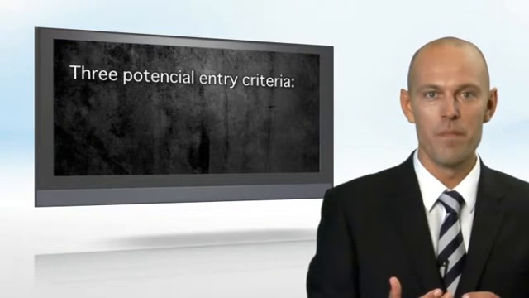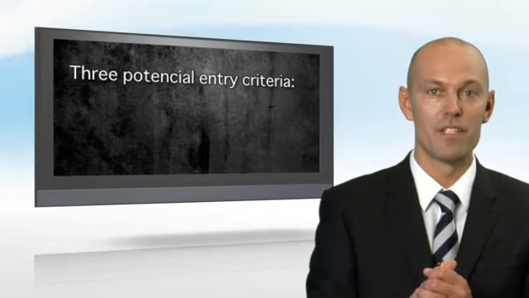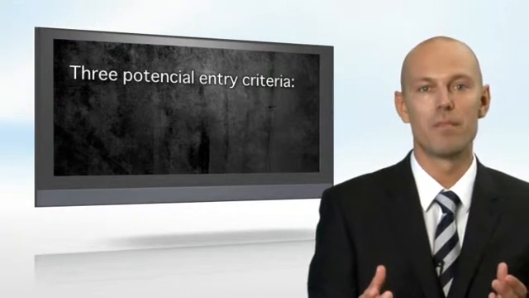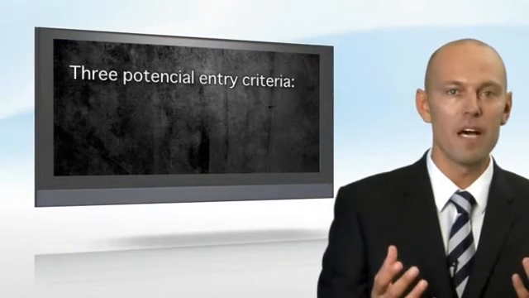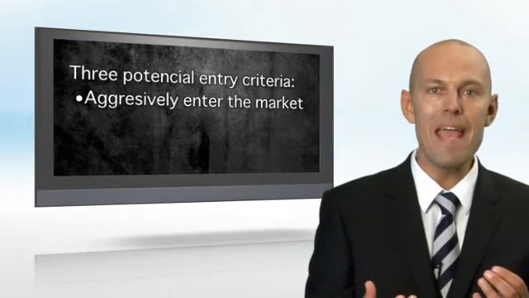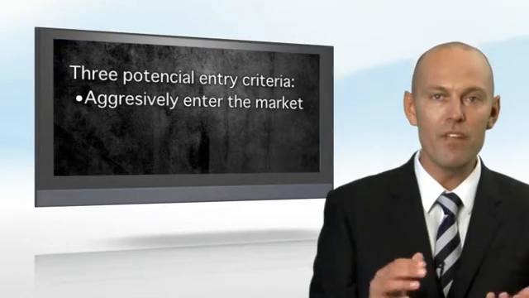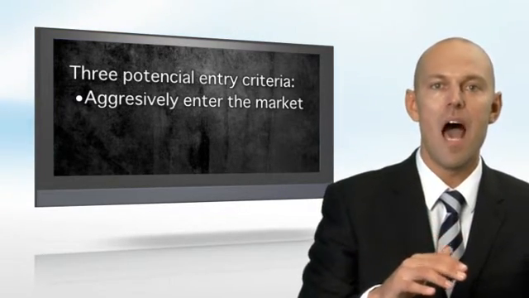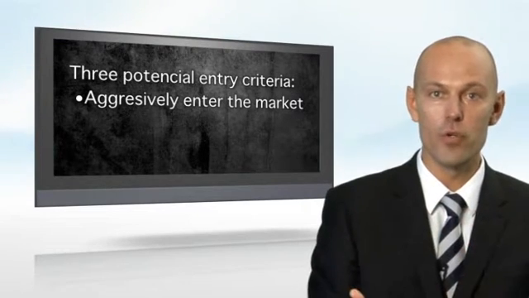As I see it, there are three potential entry criteria, which depends on how much certainty the trader wants in the setup. Sometimes I feel that I want to be aggressively in the market and I may actually enter the market even though the engulfing pattern hasn't completed. I'm just anticipating it is going to complete.